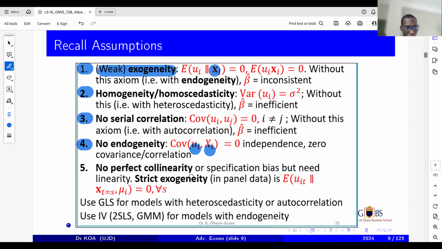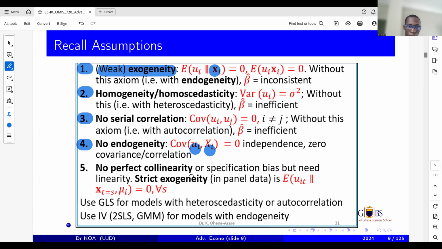Now, in a panel, you can also do that. In panel data, you can also do that. But the form of GLS in a panel, and you'll learn this very soon, the form of GLS that you would have used for the cross-sectional, when we come to panel, this is known as the fixed effect and the random effect.